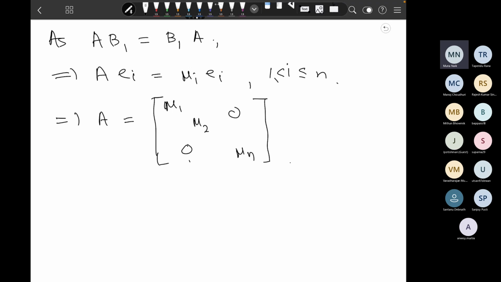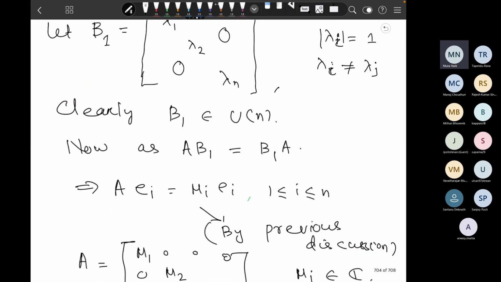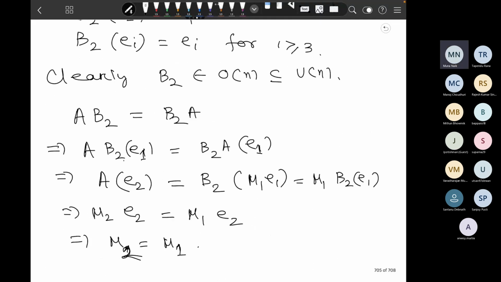Now I have to choose B2 in such a way that AB2 equal to B2A will imply that μ1 is equal to μ2. Let us look at whether the element which we have taken for the Un case works.